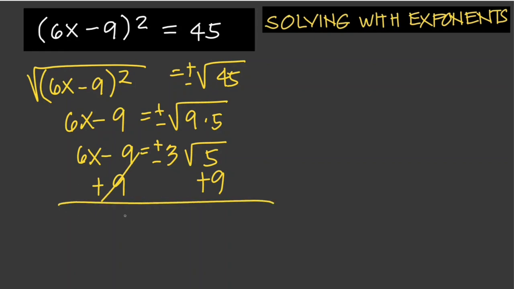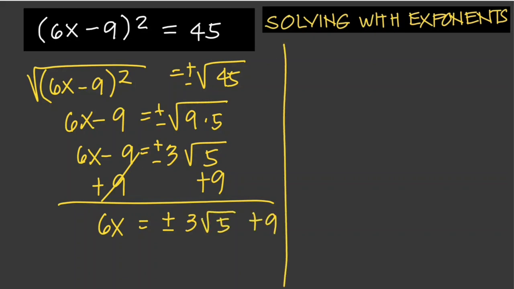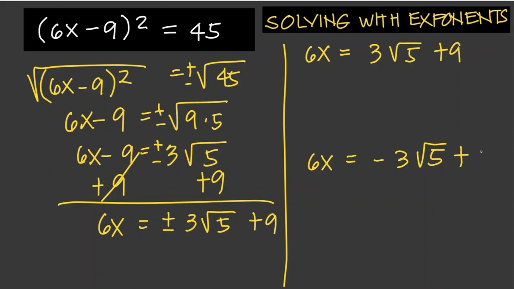This cancels out. So we have 6x equals plus or minus 3 square root of 5 plus 9. So our solutions are 6x equals 3 square root of 5 plus 9, and the other one is 6x equals negative 3 square root of 5 plus 9.